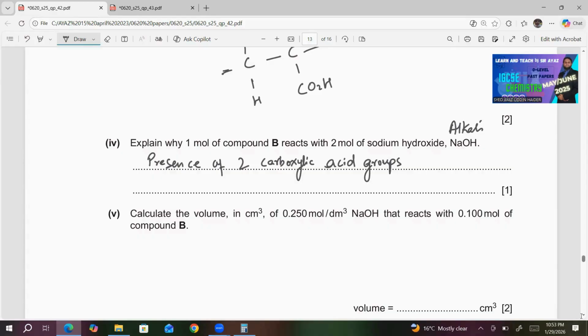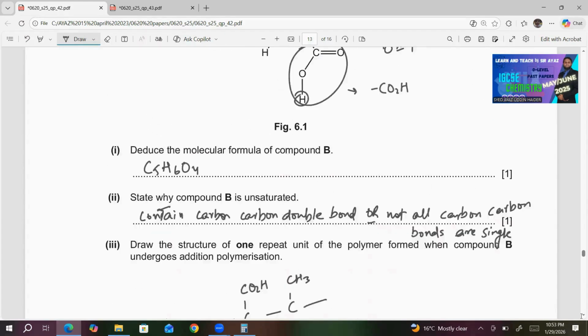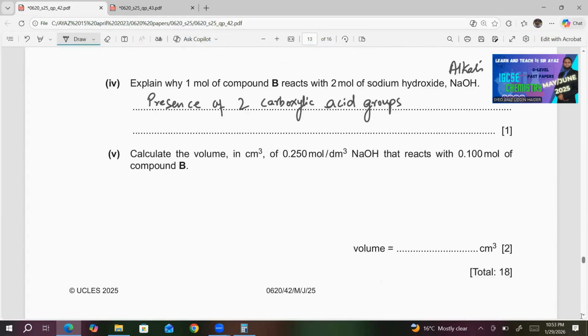So if you look at the equation, we have 1 mole of compound B reacting with 2 moles of NaOH. Therefore, they are saying 0.1 mole react with X mole. So X is equal to 0.1 multiplied by 2 or 0.2 moles. So 0.2 moles.